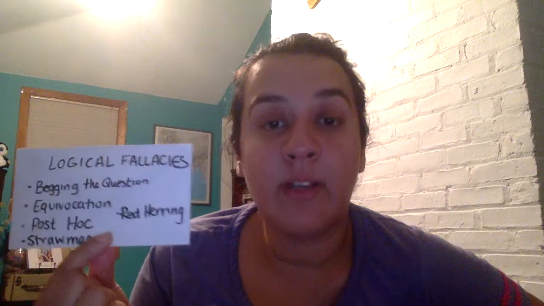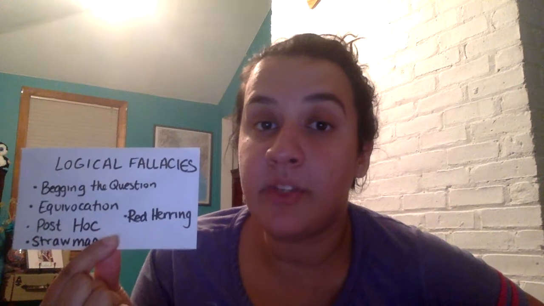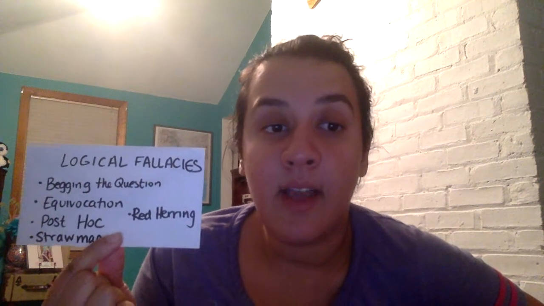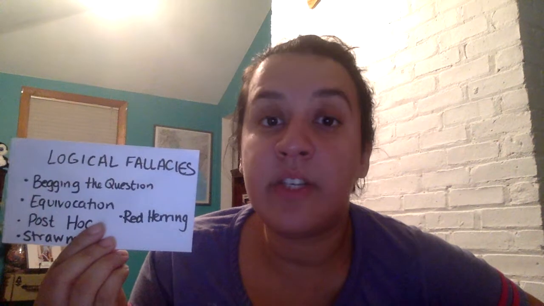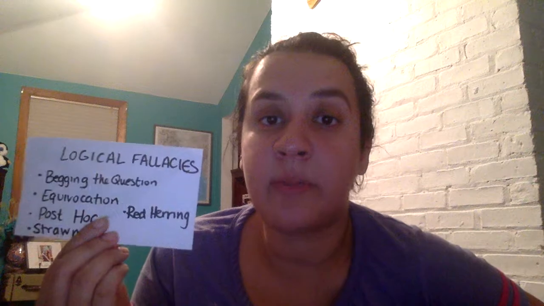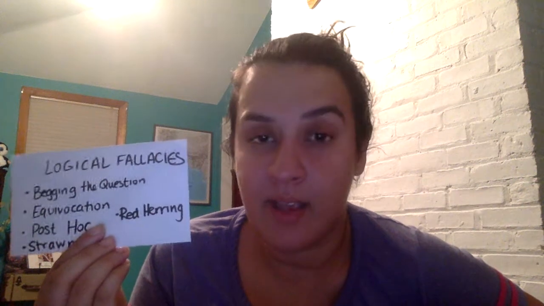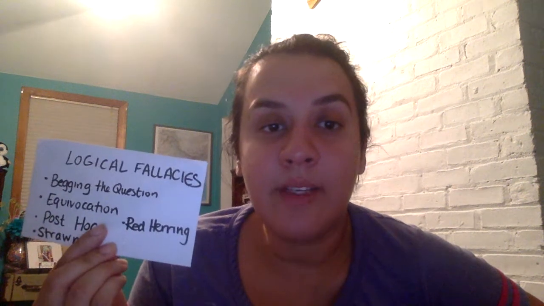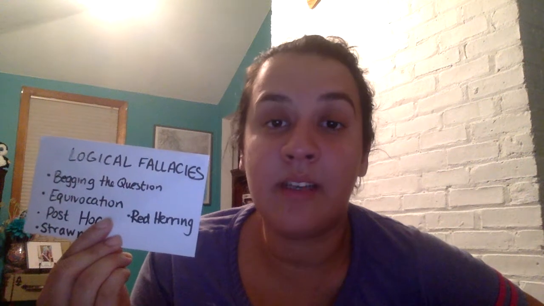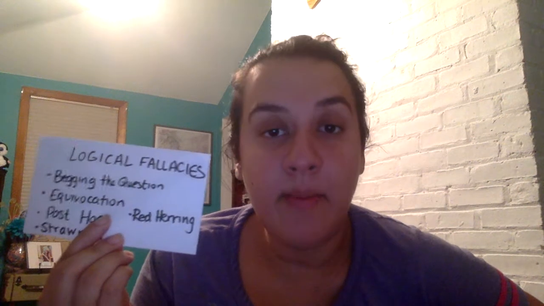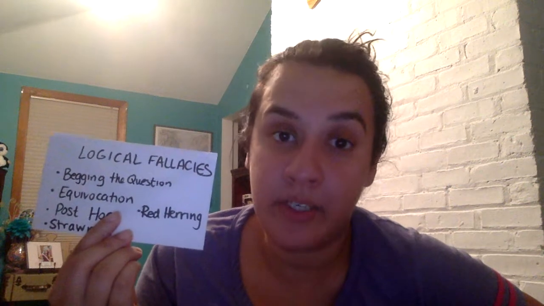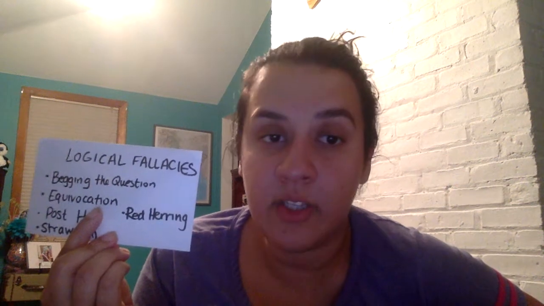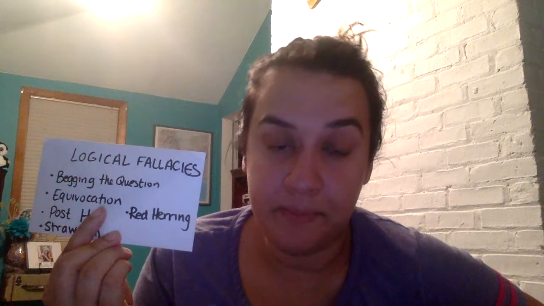In order to support his argument that Syrians should not be allowed into the United States, he makes a claim that Syrians all are extremist Muslims, or something along those lines. In order to support that claim, he uses the idea of jihad. The problem is he defines jihad in an incorrect way. That's not the real definition. And so it becomes equivocation, and that becomes a logical fallacy.